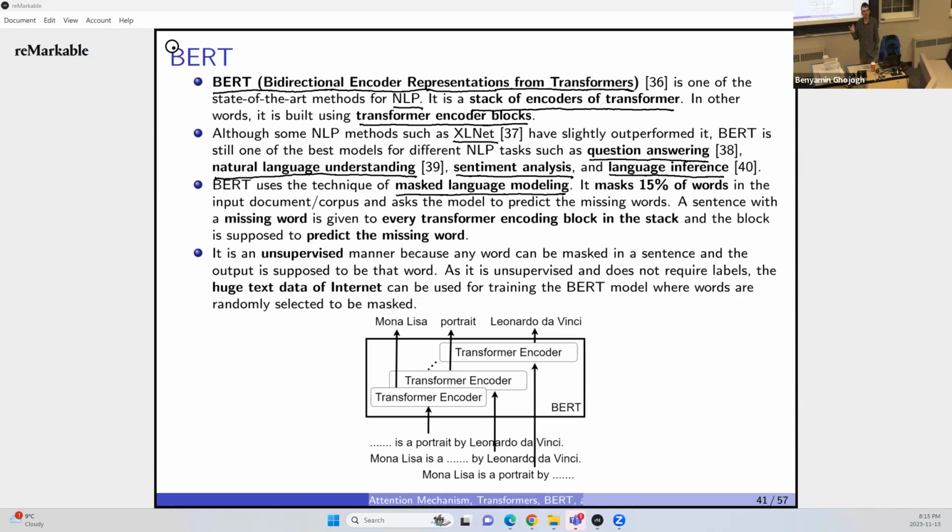What does it do? How do they train BERT? They use masked language modeling. What do I mean? How do they prepare the data for training BERT? Do you know that? So they get the corpus, then in some sentences, they randomly mask one of the words in the sentence, right?